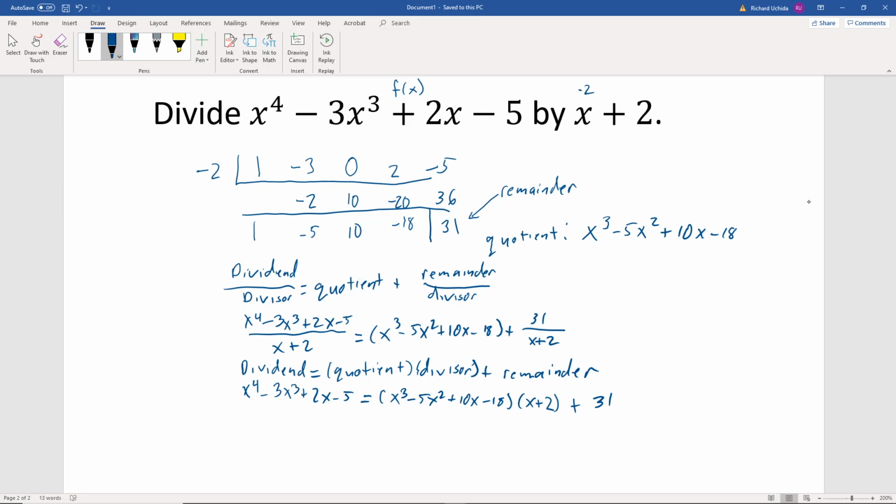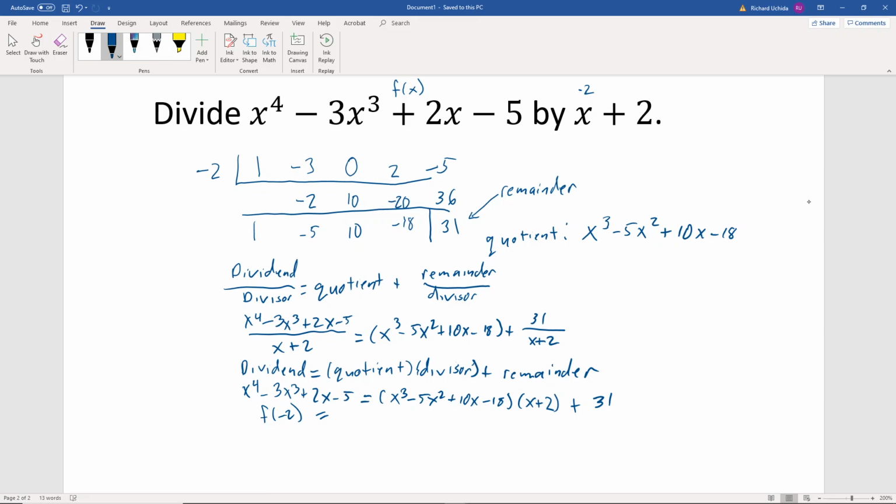So you could plug in negative 2 into the function, but sometimes if it's a really big polynomial, that can take time to do. And synthetic division is actually quicker than doing evaluations by plugging in the value.